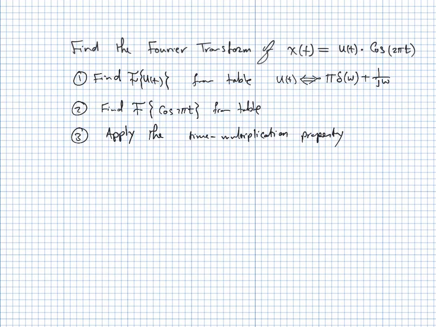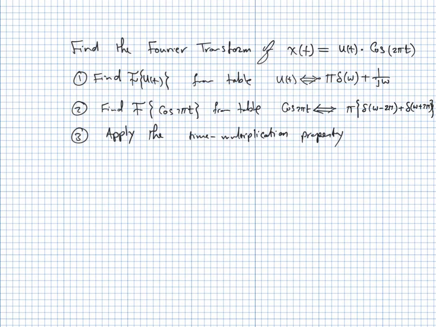And then the cosine 2 pi t: pi times big brackets, delta of omega minus omega naught. What's omega naught? 2 pi. Yeah. So delta of omega minus 2 pi plus delta of omega plus 2 pi.